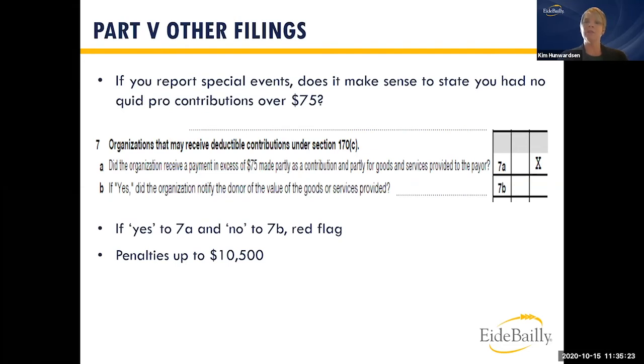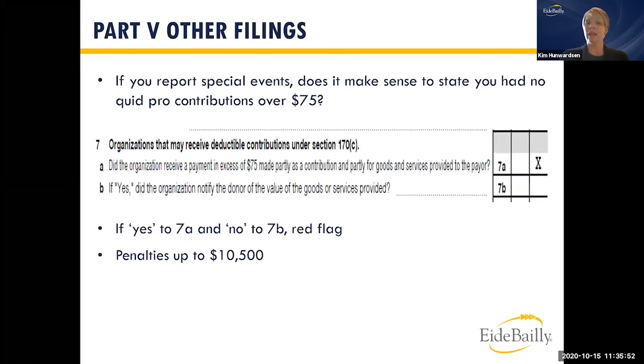If a donor gives you $100 in order to attend your gala, and in exchange for that $100 ticket they're going to receive a meal, you need to make sure you're notifying them: thank you for your donation of $100. In exchange, you received goods and services valued at $20. So this is that question asking if you're actually providing that disclosure.